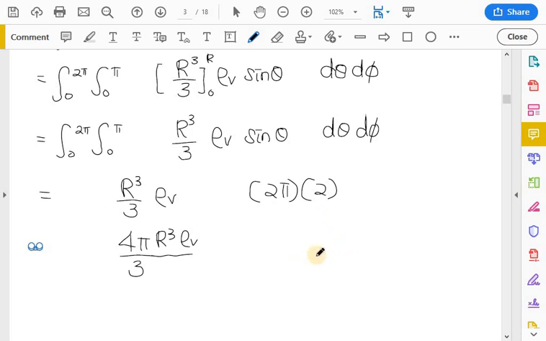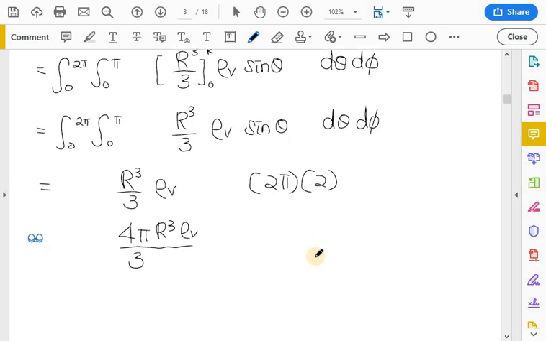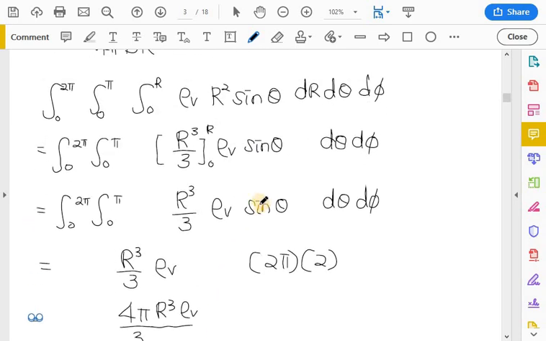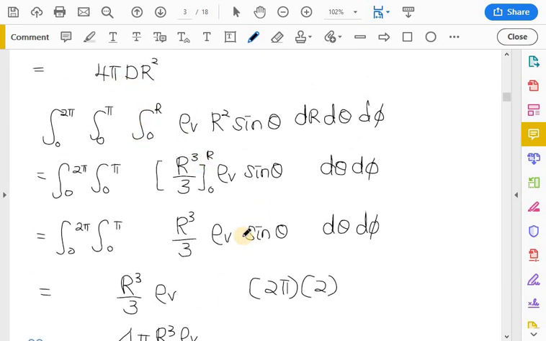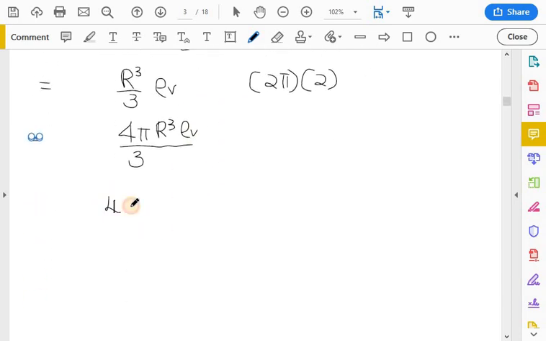Now we put the left hand side term and the right hand side term together. Have you forgotten the left hand side term? This one, right? 4 pi D r square equals 4 pi over 3 r cube rho v.